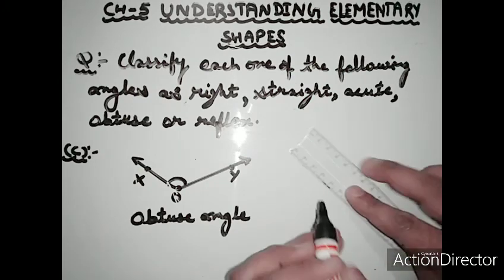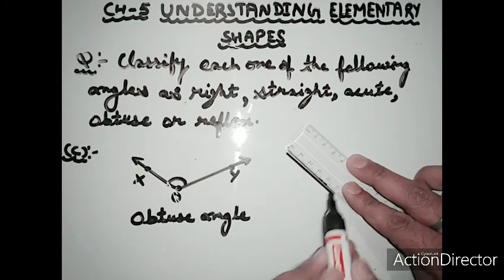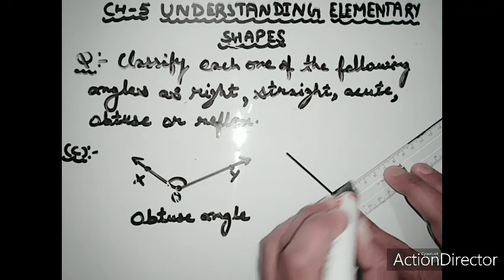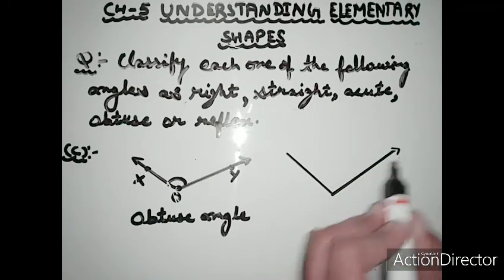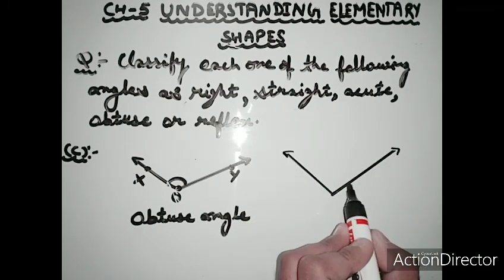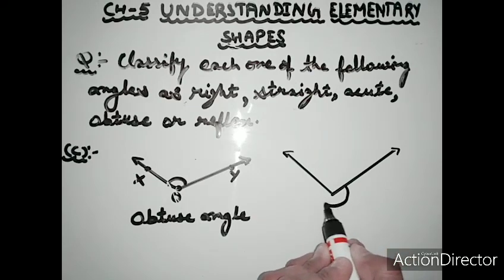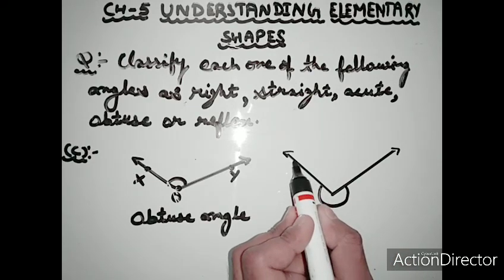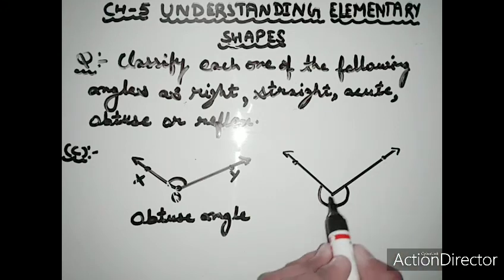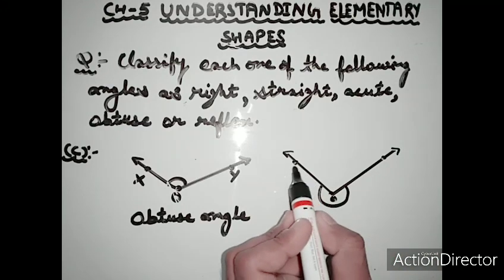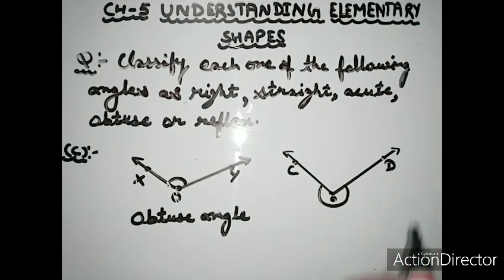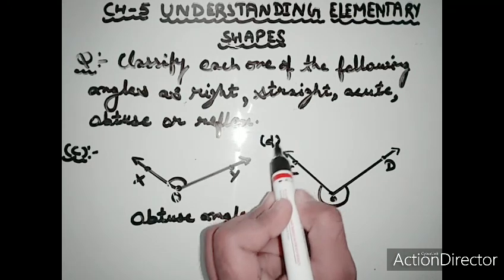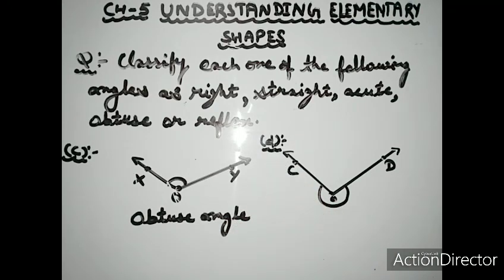So here we draw this figure like this. And this angle is formed from here to here. And I give the name of these points as OCD, right? And this is the D part of this question.